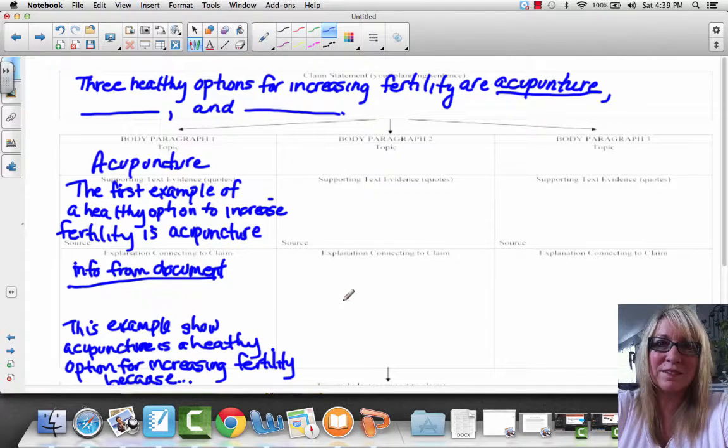And then you're going to do the same thing for the other two options that you chose. And then you will have your template for your essay.